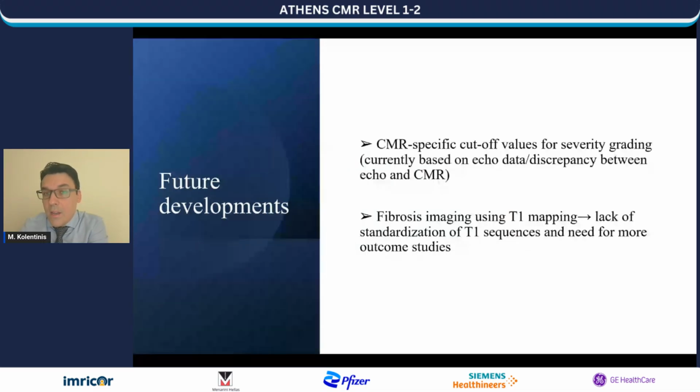We seriously lack CMR-specific cutoff values for severity grading, although I have to say that in the past years, quite a few studies have tried to answer this question, and I think we're very near it. Also, fibrosis imaging using T1 mapping. T1 mapping is a very important technique, and it shows us what happens at the cellular level, but there's a lack of standardization. Each center uses its own sequences, so we do not have big observational studies in that sense.